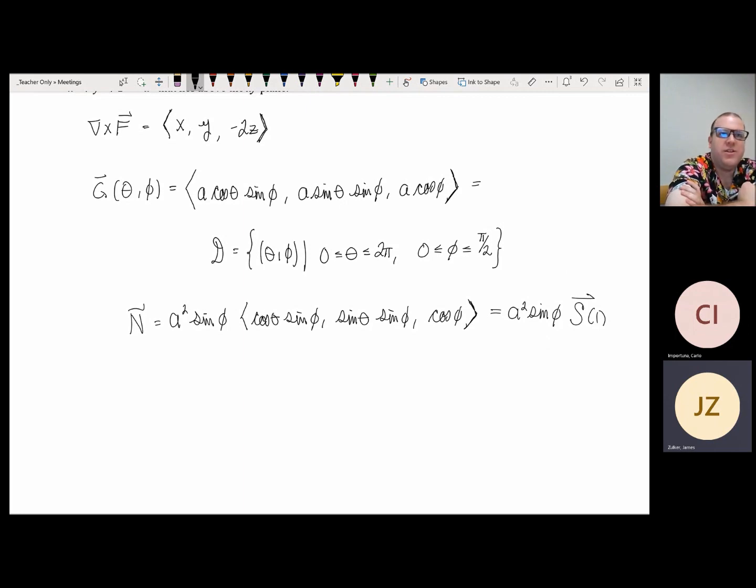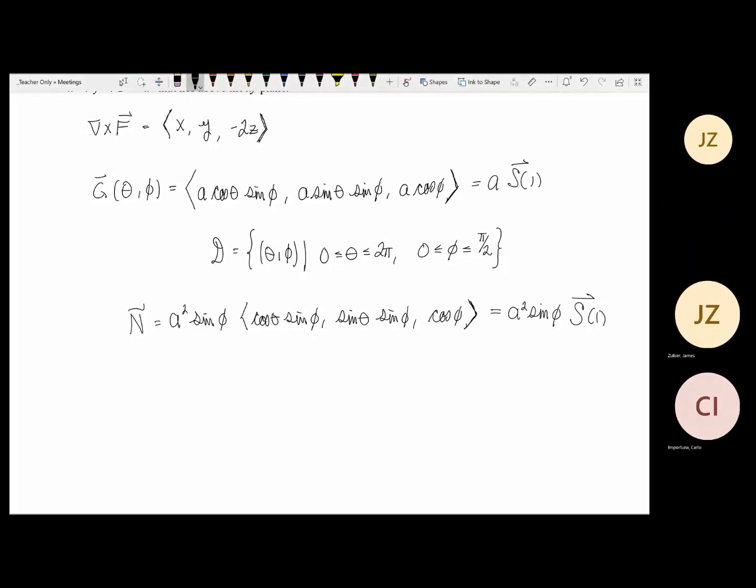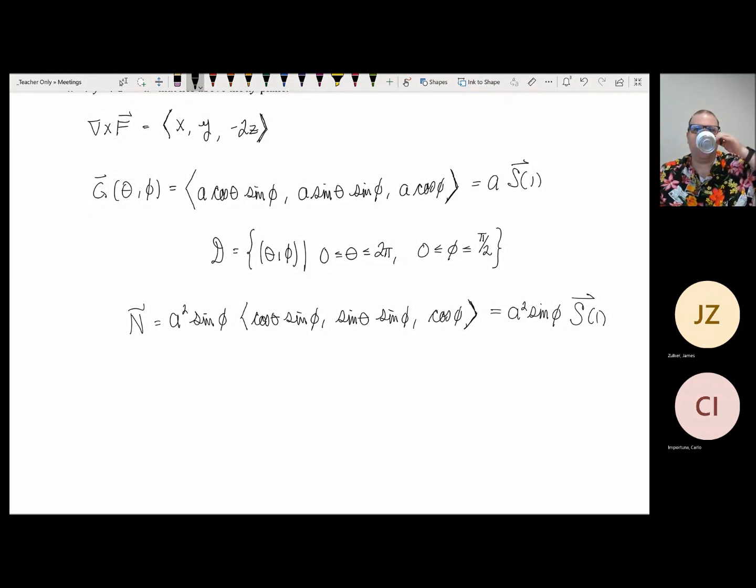Which, by the way, I can write G as a times S sub 1, which I might do if it's beneficial. Or I could just write that as S sub a to represent the parameterization of a sphere of radius a. Either way, because that is very messy to write. I don't think it really benefits me in this problem.